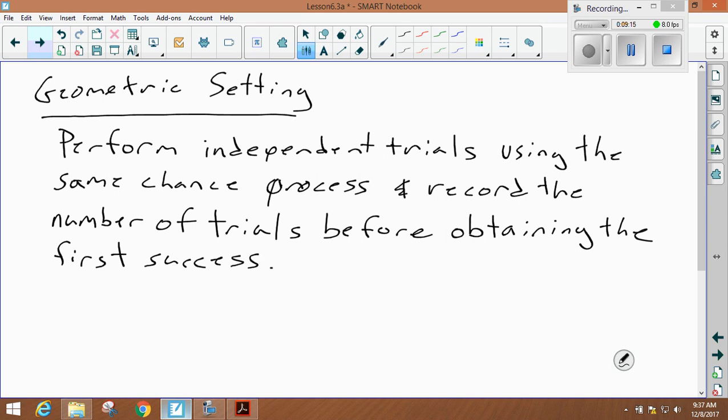All right, so that's the difference, right? When you're looking at binomial distribution, you're wanting to know the probability of getting k successes. When you're looking at the geometric setting or geometric distribution, you're wanting to know how many trials it takes before getting the first success. Cool, that's the big difference.